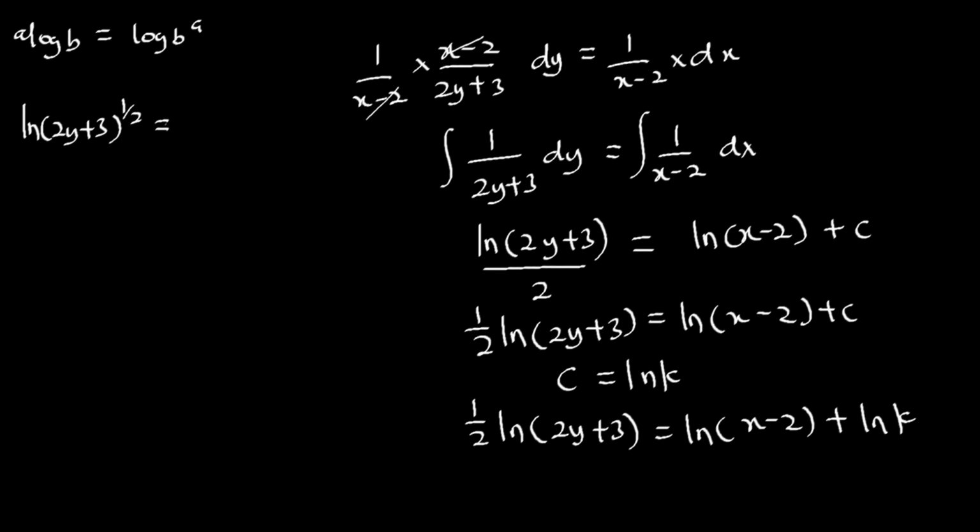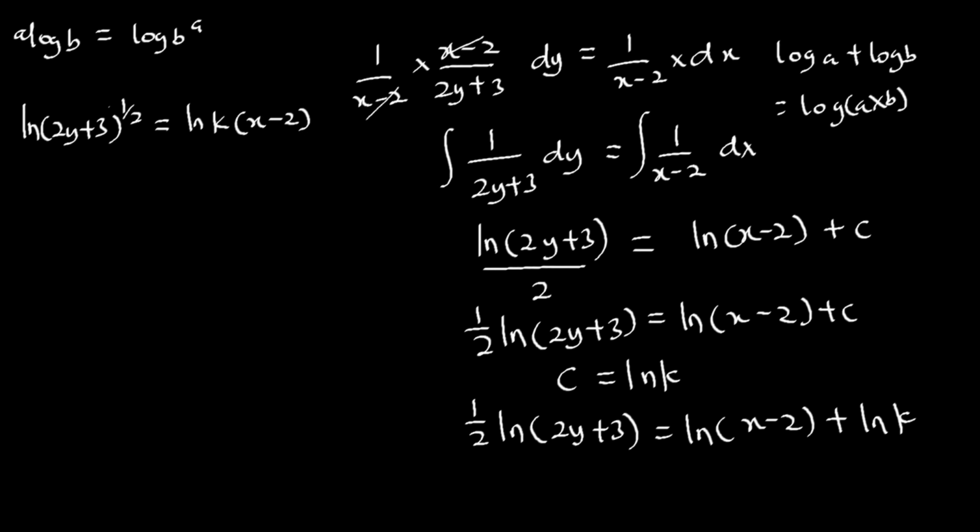And then on the right hand side too, we are going to use another property where if you have log a plus log b, we can get it to be equal to log of a multiplying b. So we're going to do the same thing there. So we're going to have ln of k multiplying (x minus 2). This is what you're going to have.